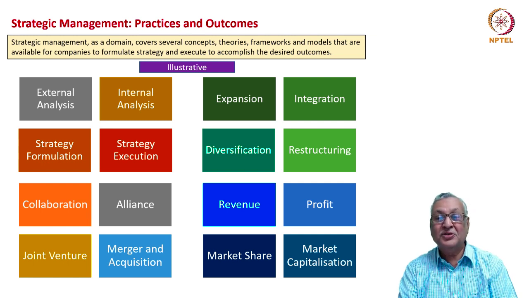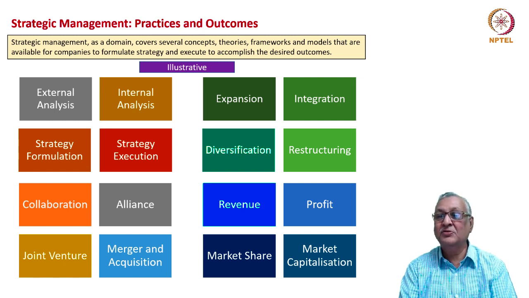There are other aspects of strategy which are very specific goal-linked strategies: expansion of companies, integration across the value chain, diversification of businesses, and restructuring of business, entirely detailed domains of strategy. The vehicles which we use to deploy our strategy and accomplish our outcomes are also different.